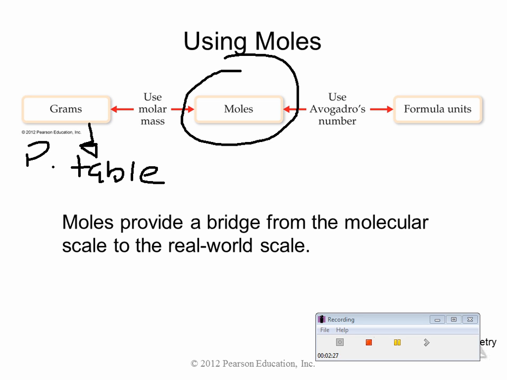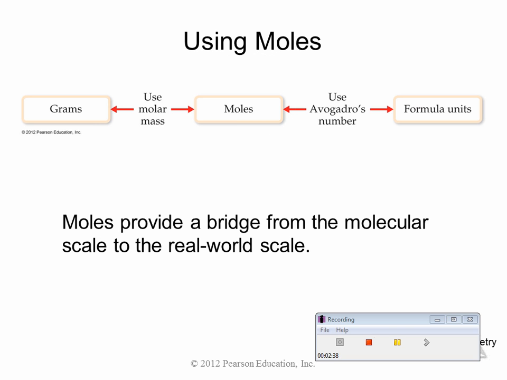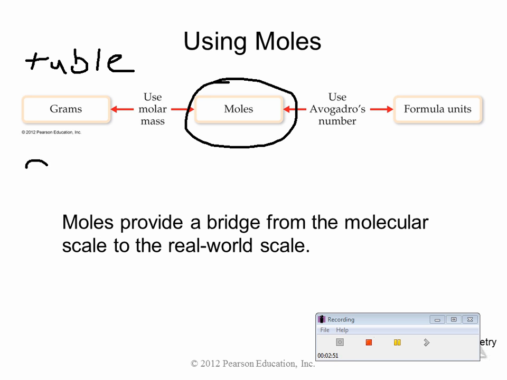This is going to be the number of grams in 1 mole. Again, bridge over troubled waters. This is from the table, and this is the number of grams equal to 1 mole.